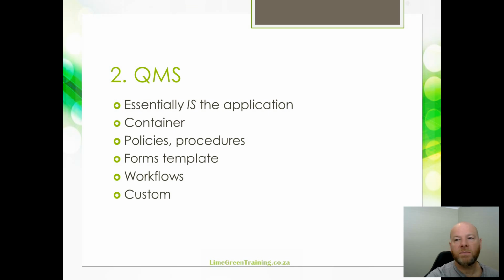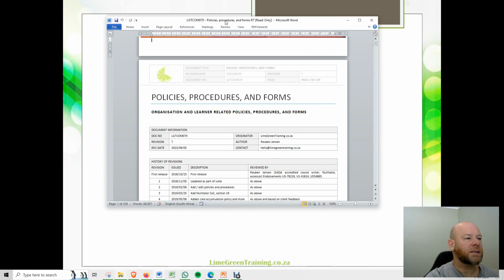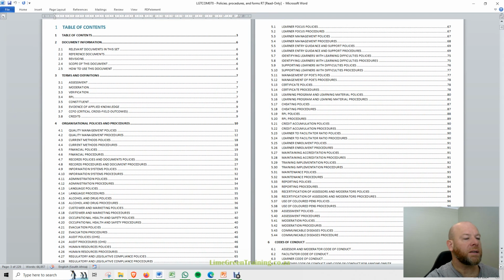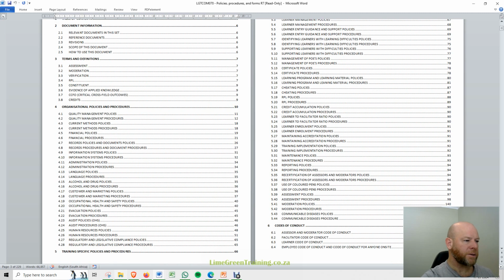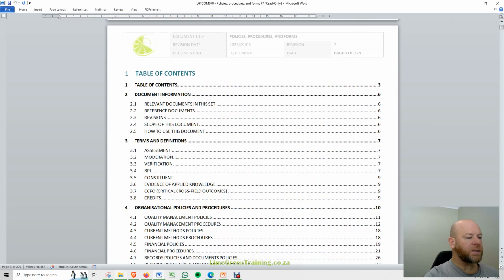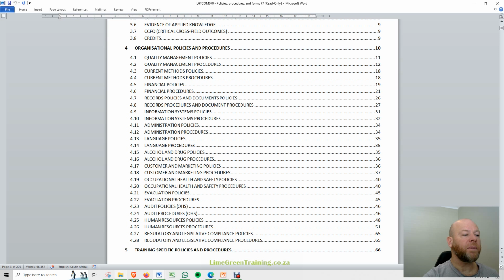You also need policies and procedures, forms and templates. So I provide one document that contains lots of policies and procedures, as well as forms, templates, and codes of conduct and other things. So this document, for example, there are organizational policies and procedures. These are policies and procedures whereby your company is described.